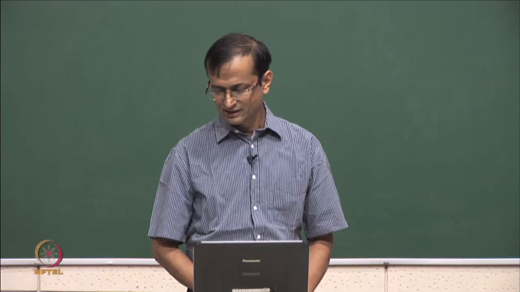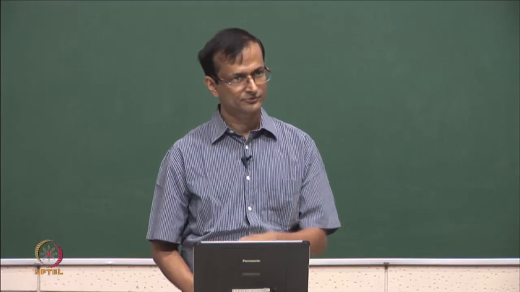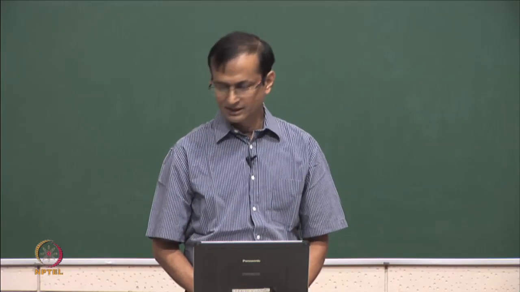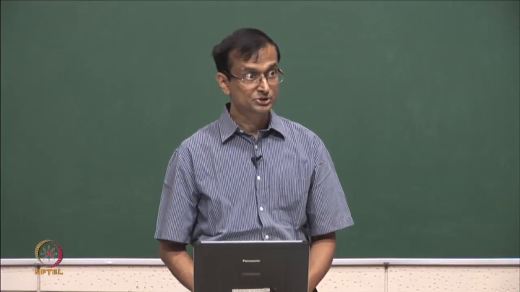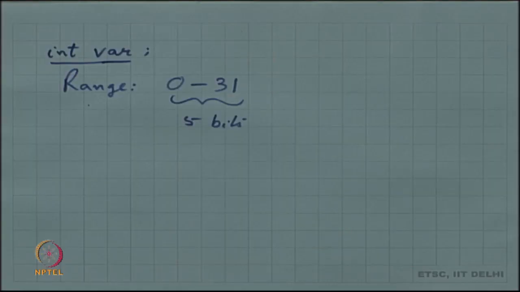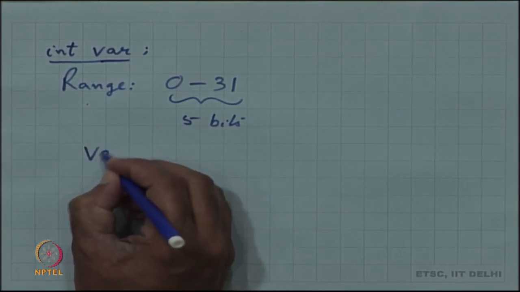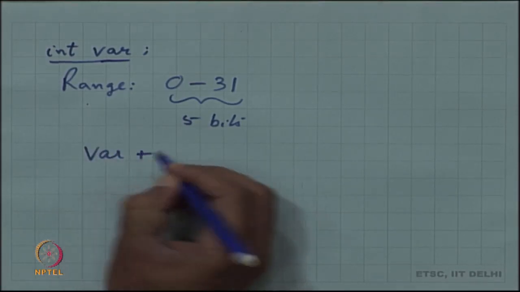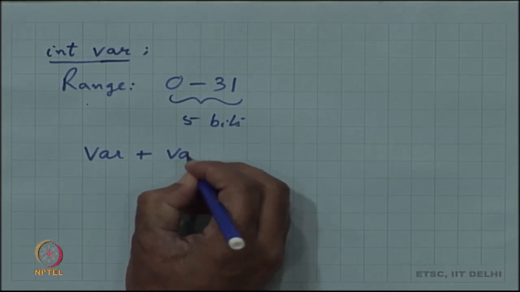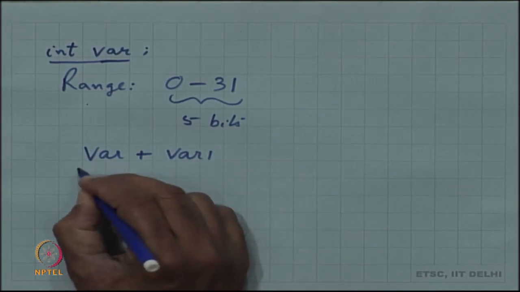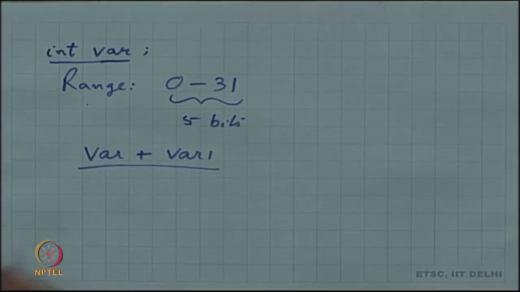If we are generating hardware from that specification, then the 5 bits as opposed to 32 bits that are going to be used make a lot of difference. This argument is with respect to memory, but it is not merely that. So, let us say this is a variable, var, and let us say I had some other variable, and you had an operation on 2 variables, both of which are constrained to be in the range 0 to 31.